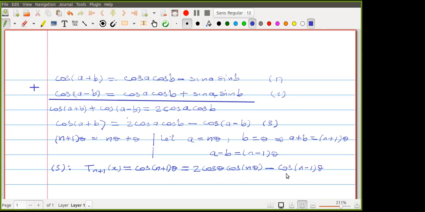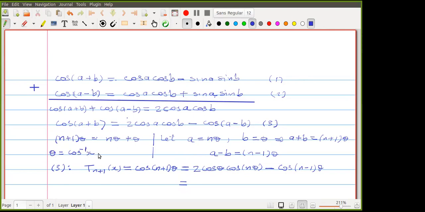Now we can transform that in terms of x. So this cosine theta, remember that we said theta was cosine inverse x.